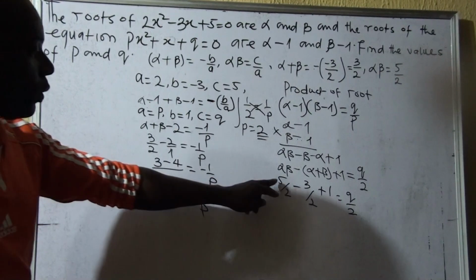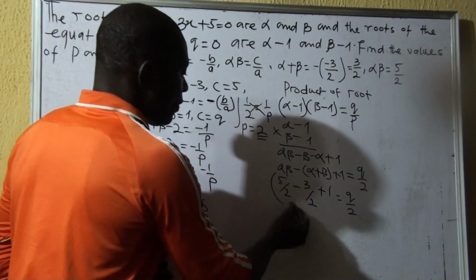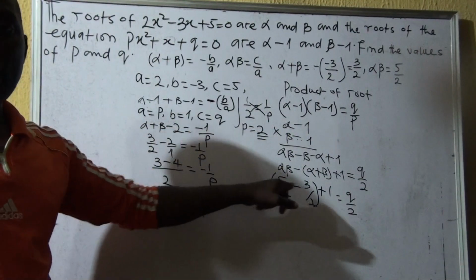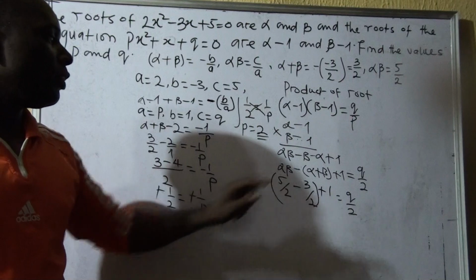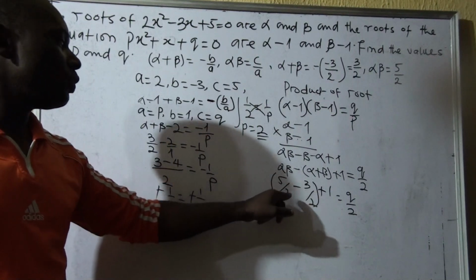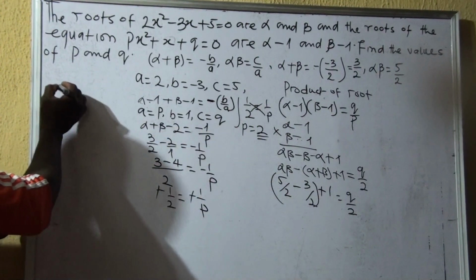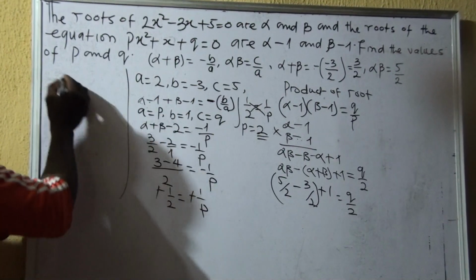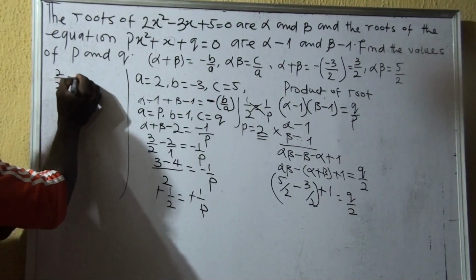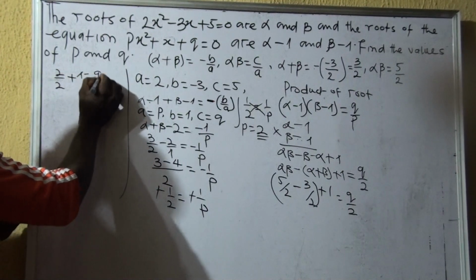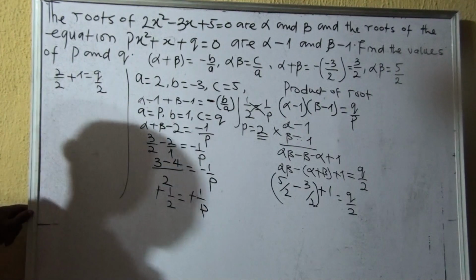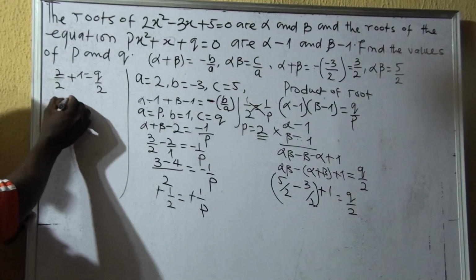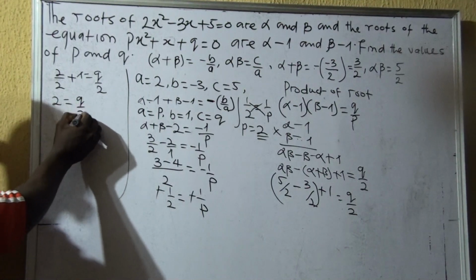Looking at this part, 5 over 2 minus 3 over 2, since the denominators are the same, you just subtract the numerators. 5 minus 3 is 2, so this becomes 2 over 2 plus 1 is equal to q over 2. 2 divided by 2 is 1, and 1 plus 1 is 2, so 2 is equal to q over 2.